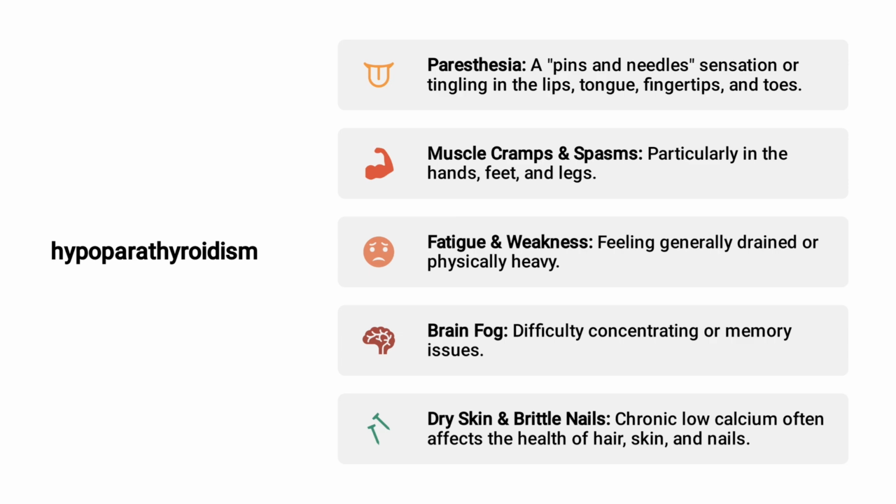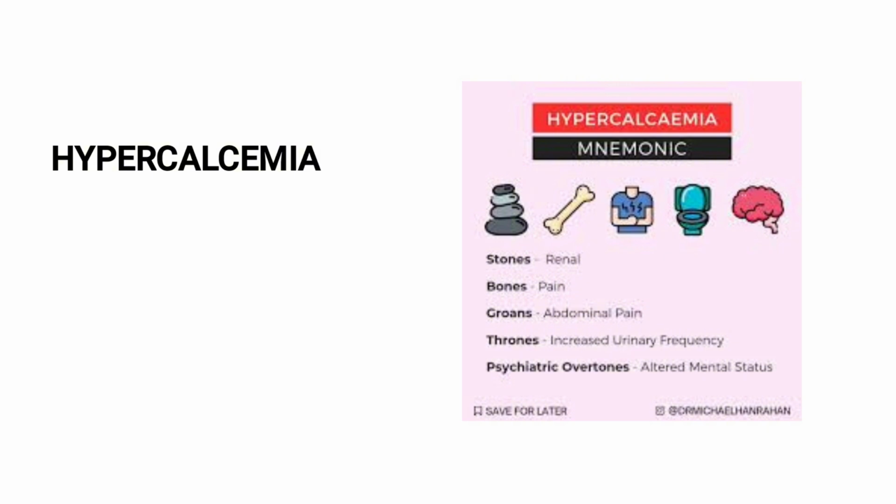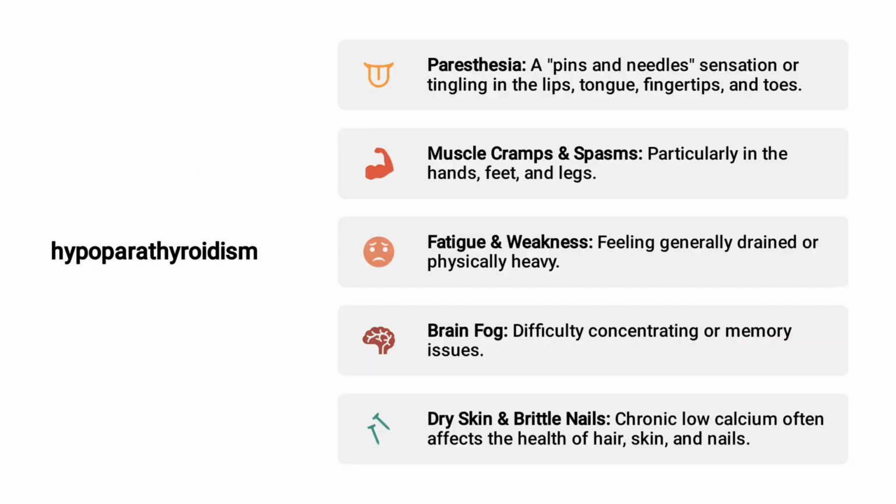But what I think the most important symptoms that you should always keep in your mind are the paresthesia and muscle cramps and spasm. They are the most common symptoms seen with hypoparathyroidism. Seizures are not so much seen, only in severe hypocalcemia if it's less than 7, okay?